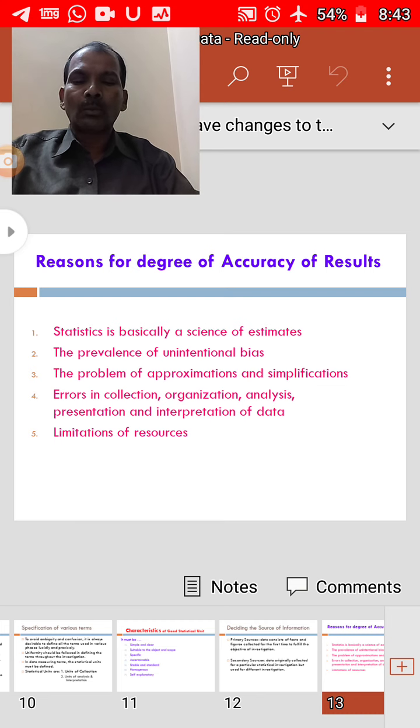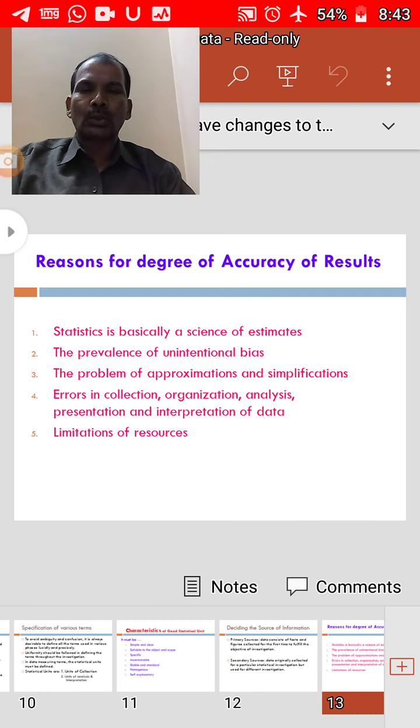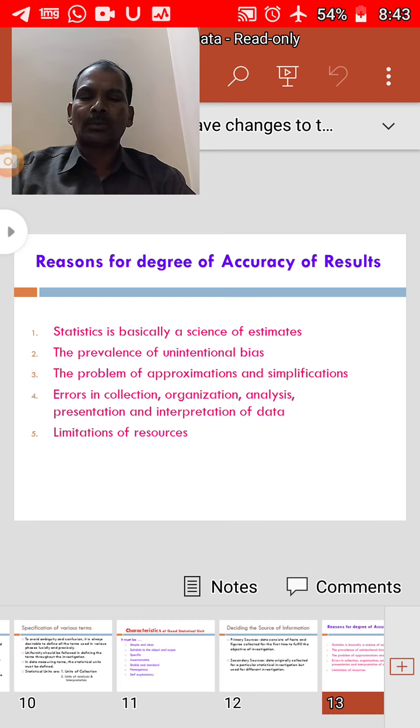According to W.I. King, for every statistical problem, there should be determined in advance a definite standard of accuracy for each item, and every endeavor should be made to bring each record up to this standard. But this standard by no means need correspond to the highest degree of accuracy attainable.